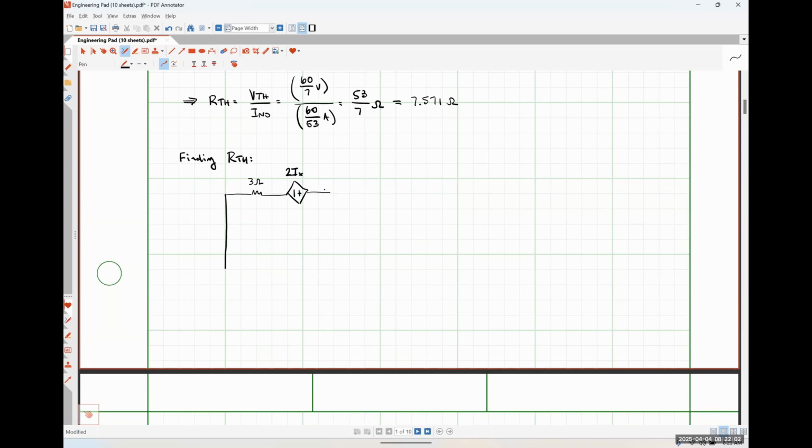So there's my 2ix source. Here's my 6-ohm resistor through which the current Ix is defined. And then here is a 5-ohm resistor, like so.